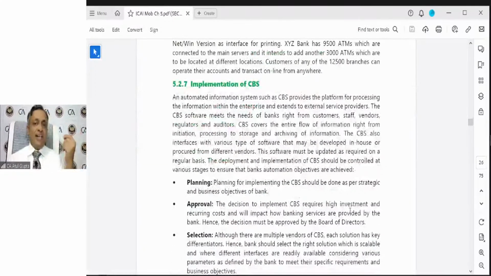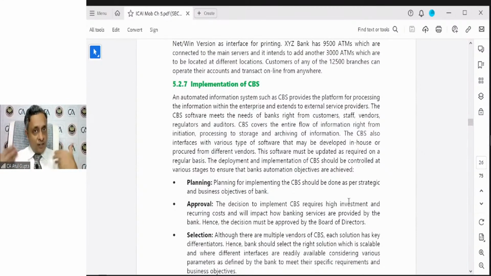Then implementation of core banking system. So this is an opportunity, and all of you being chartered accountants, please understand that there are key skills that you are going to possess as chartered accountants. That includes analysis, compliance of law, the idea about internal controls, segregation of duty: maker cannot be checker.